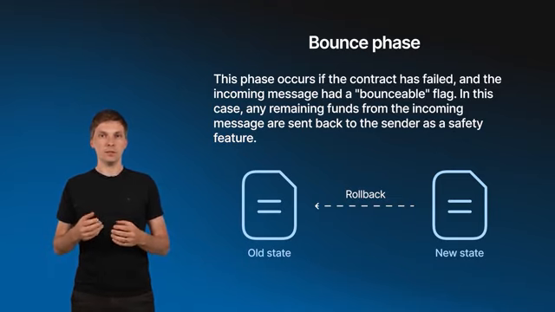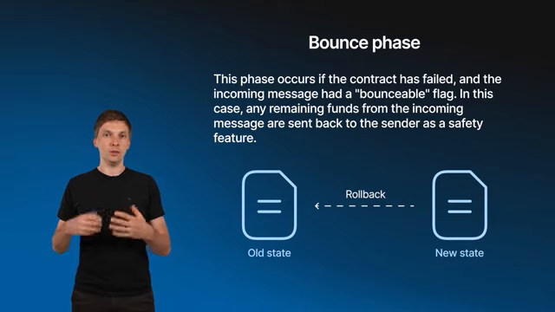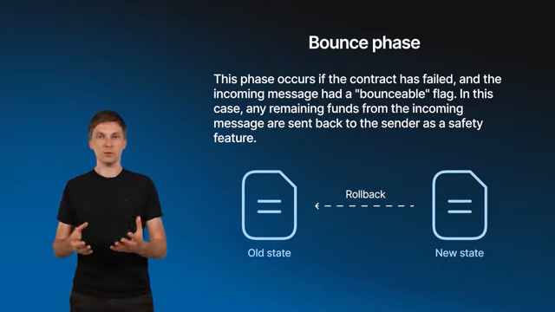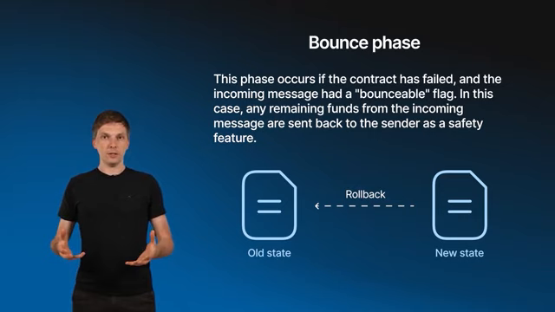This is a safety feature that allows people to get most of the funds back in case there is any error or any failure inside the contract. And you as a developer could use the bouncing as a feature, so it's not just an emergency situation. It could be a feature of your contract. So if some conditions are not met, the user's incoming message would be bounced back and they will get their money returned.